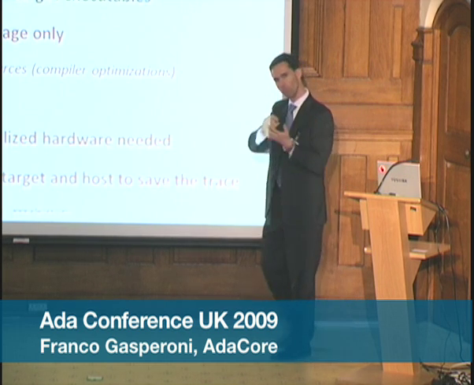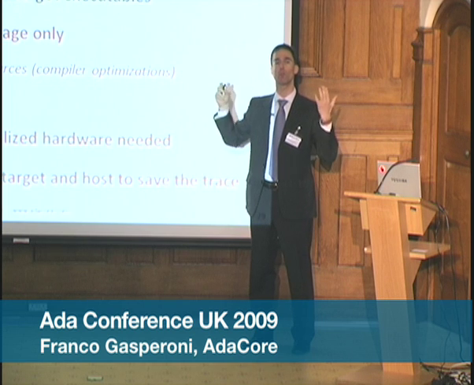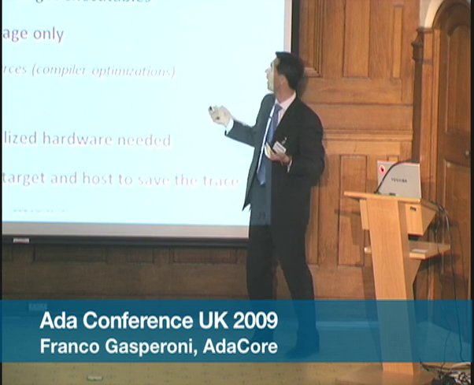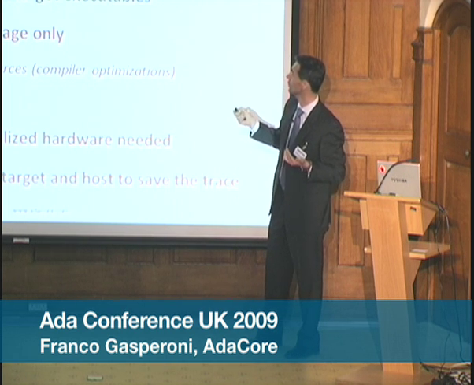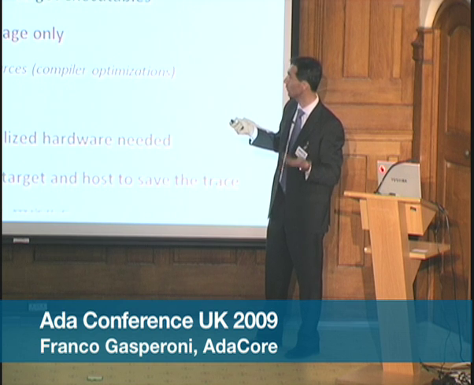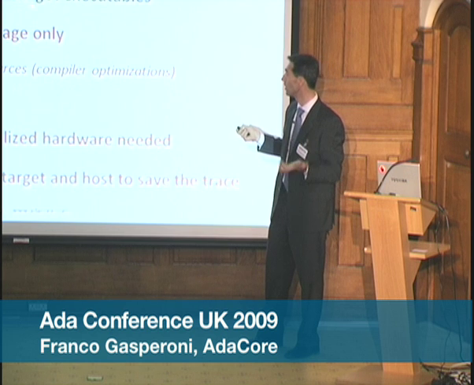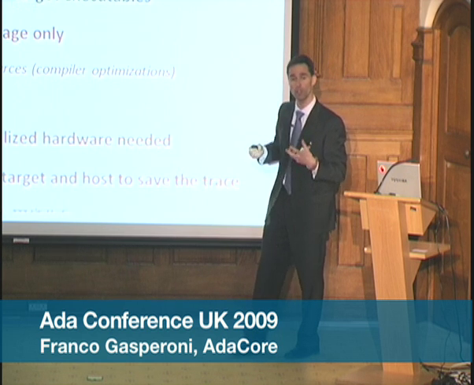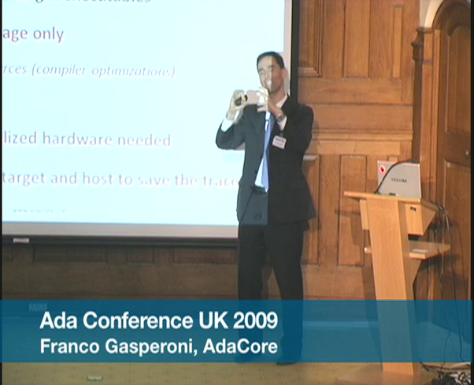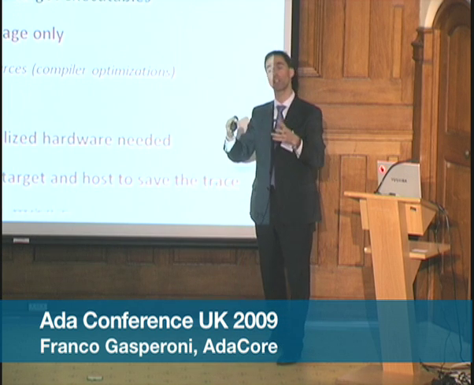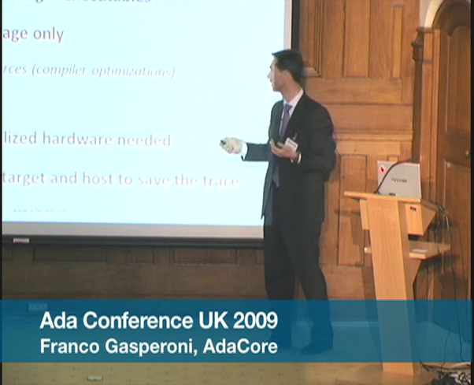So we looked at the three approaches, and the one that was the most promising was working from execution traces, because it was programming language independent, compiler independent, unintrusive. You can get coverage info on the exact executables or on the exact objects that would run on the target.